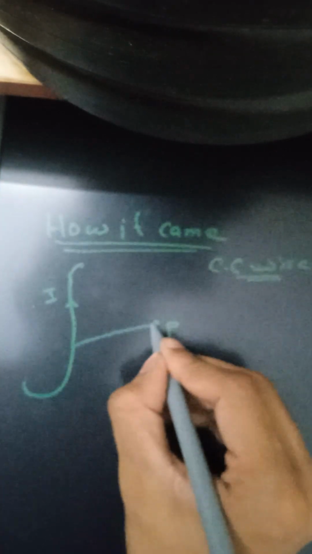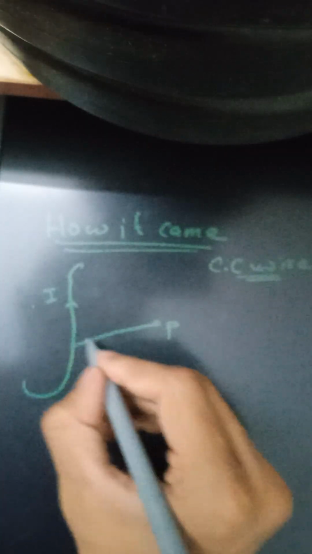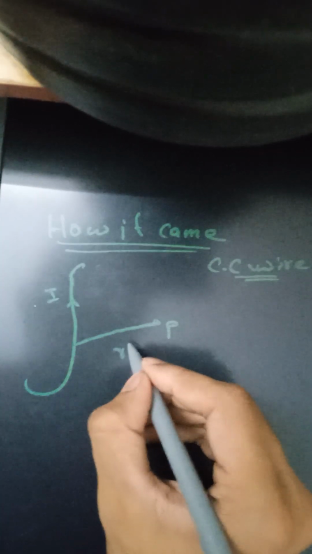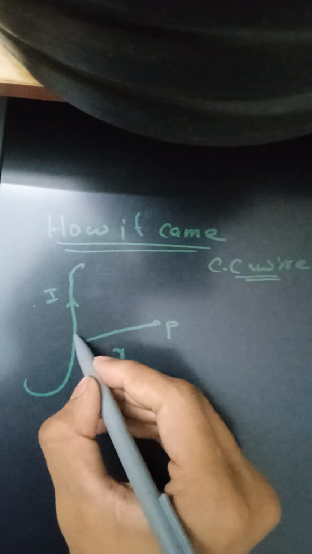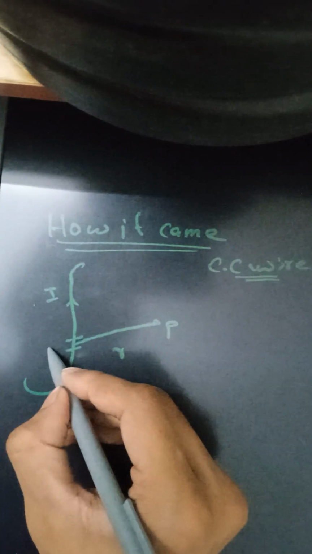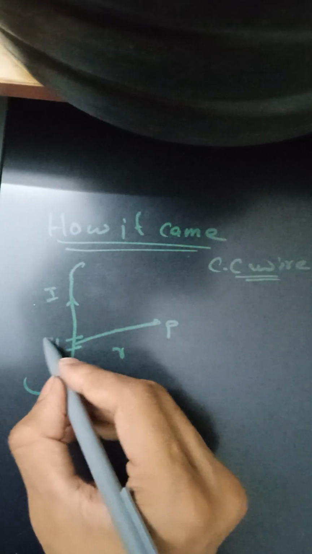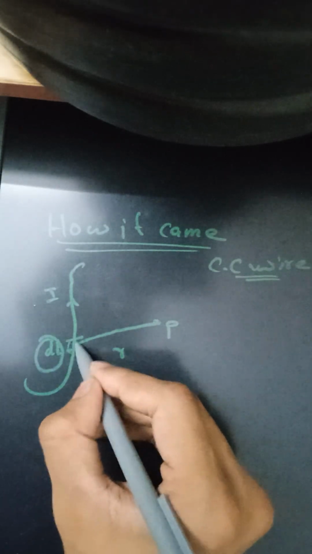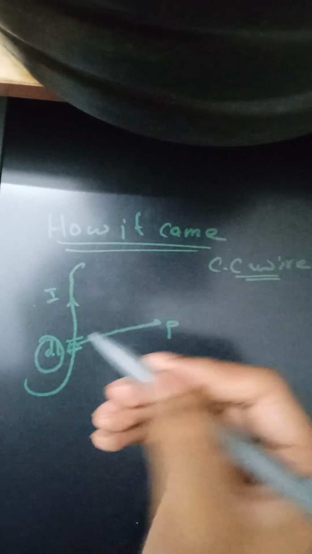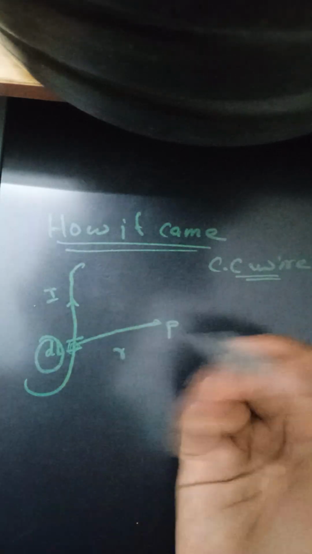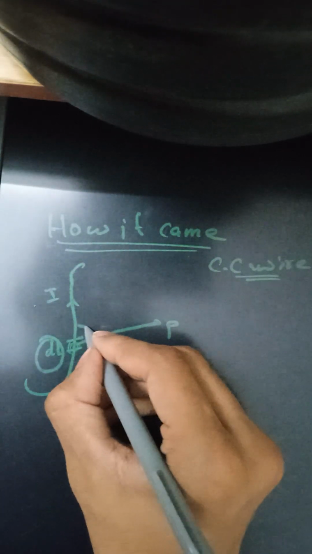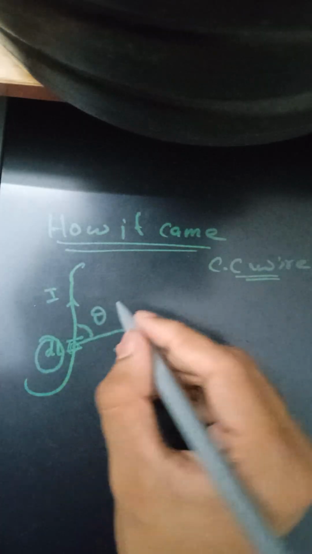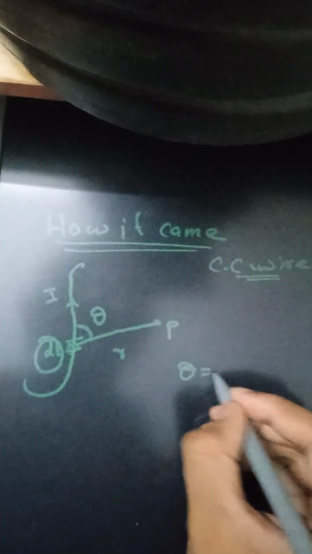The distance from the current carrying conductor to point P is r, and this is dl, a small length of the wire at distance r from the point P, and this is the angle theta.